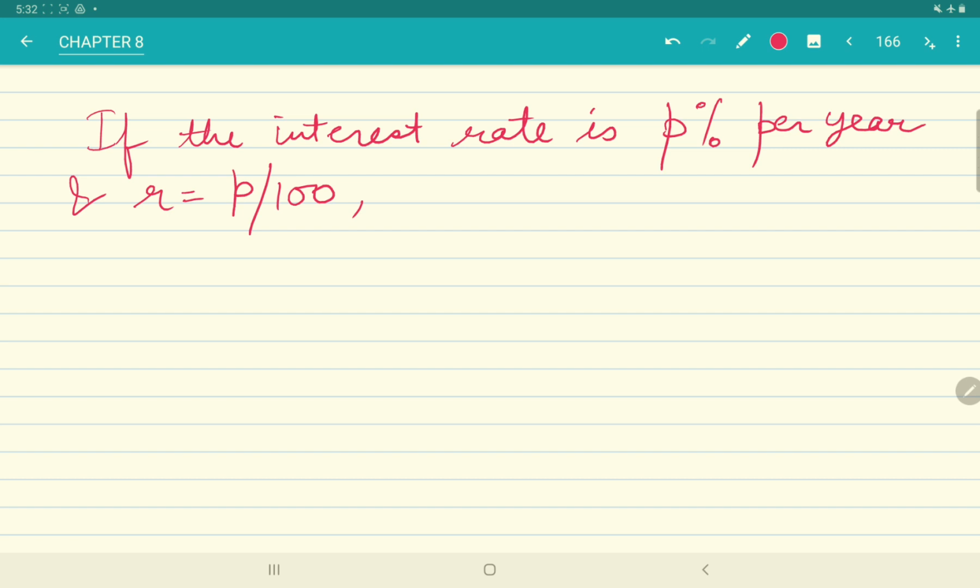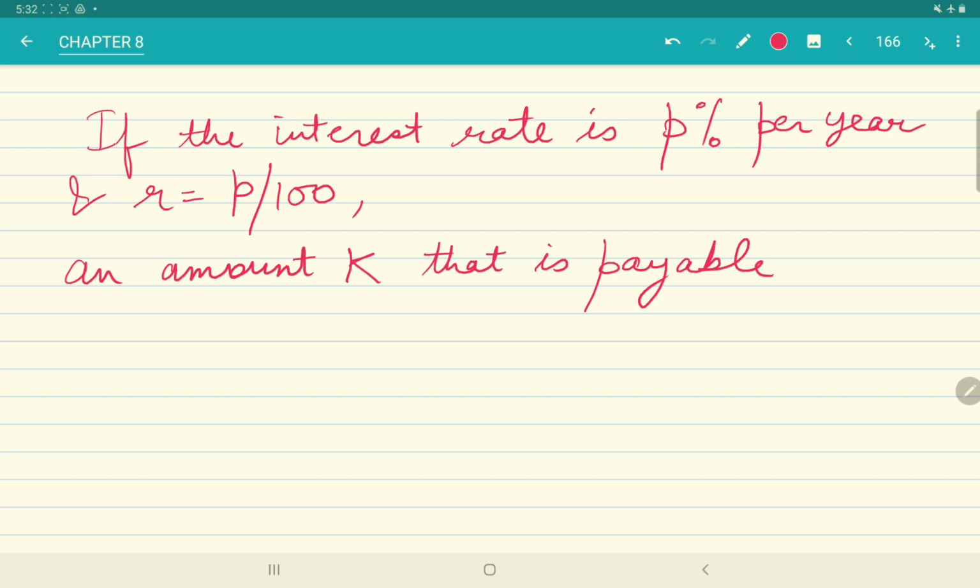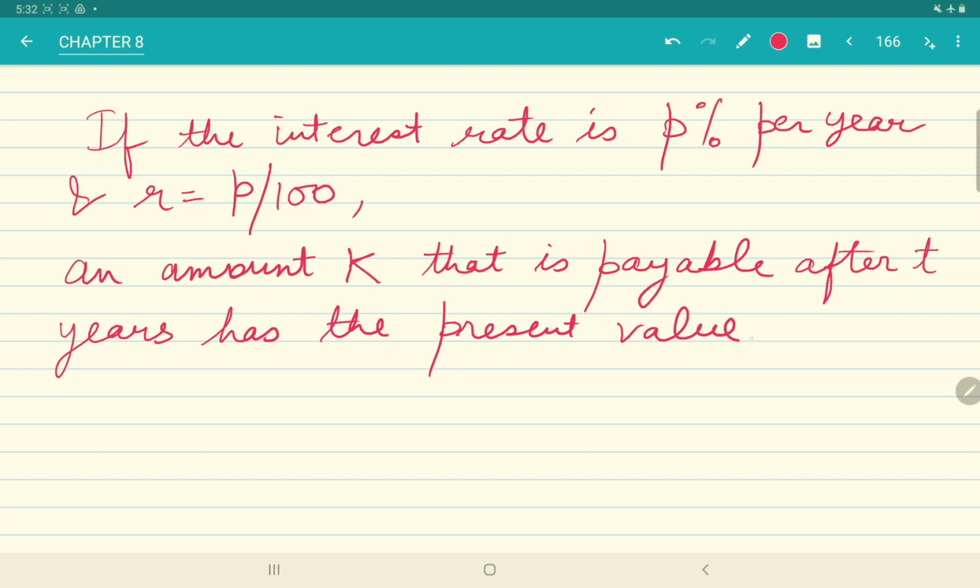If we take an amount K that is payable in T years, what that means is that after T years I need to make this payment of K, and this amount has the present value K multiplied by 1 plus R raised to the power minus T. This is when you have yearly interest payments.